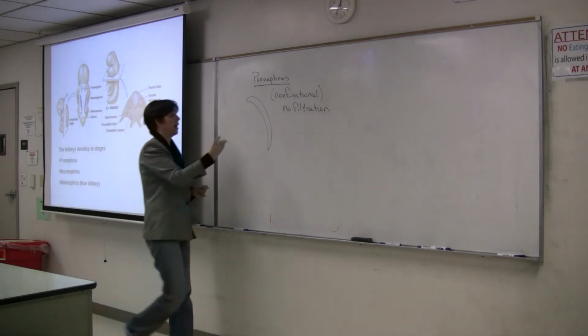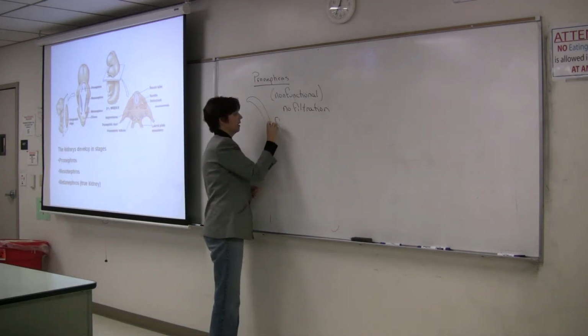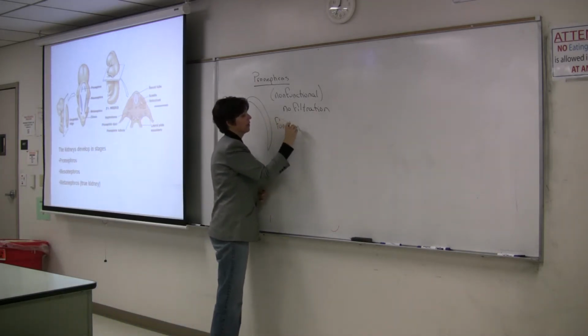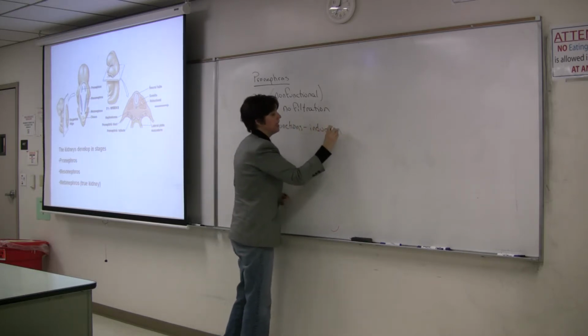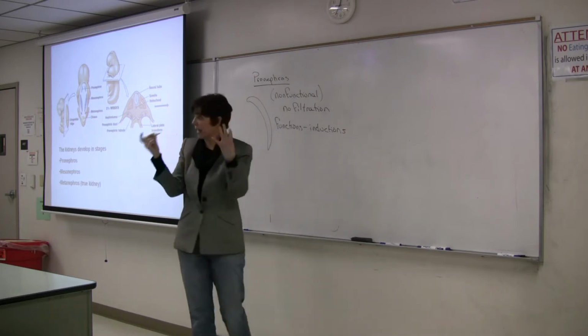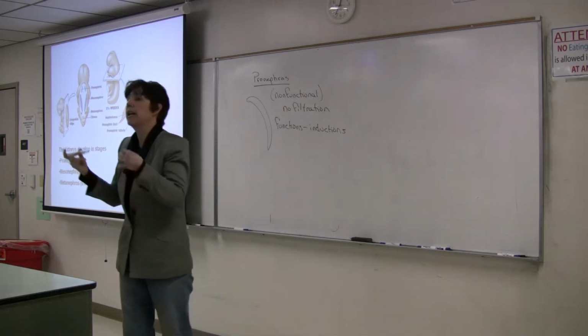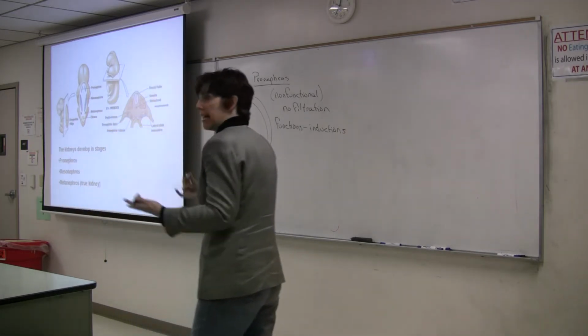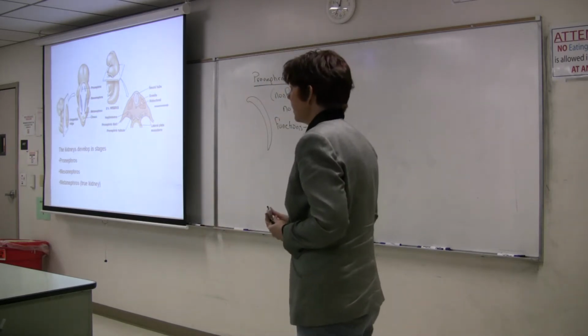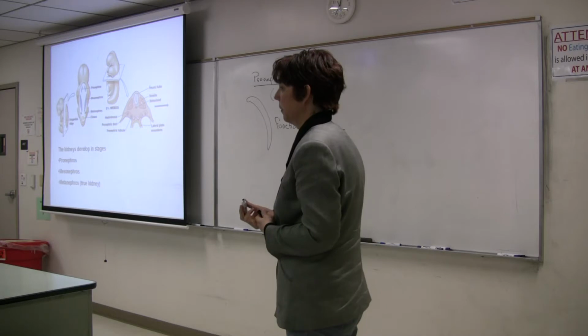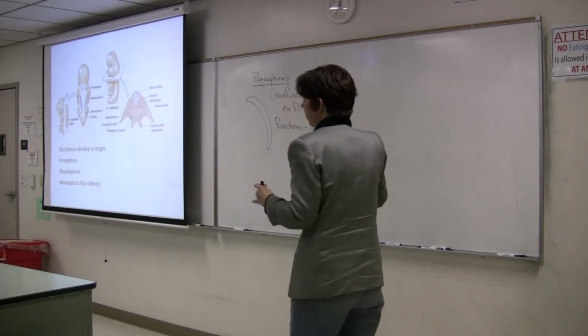So its major function is induction. It induces or influences the tissues around it to develop into the next kidney structure, and also induces the development of the gonads, the ovaries and testes. Okay, so that's its major function.